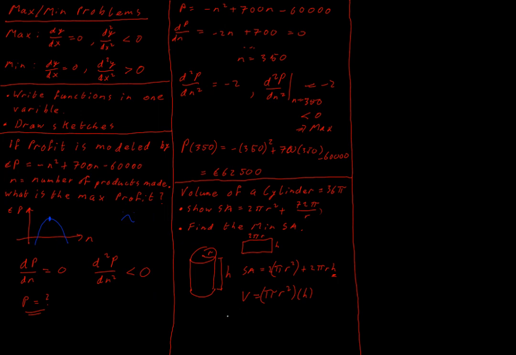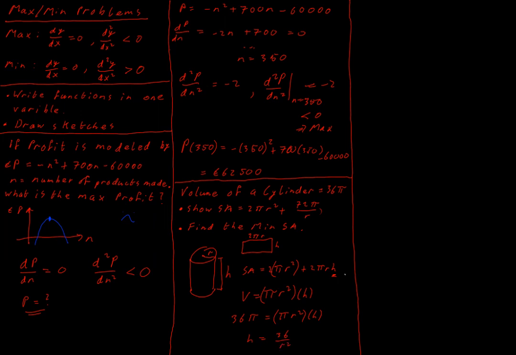And then I know that the volume, 36 pi, is equal to pi r squared h. Rearranging, divide both sides by pi r squared, and I end up with h equals 36 all over r squared.